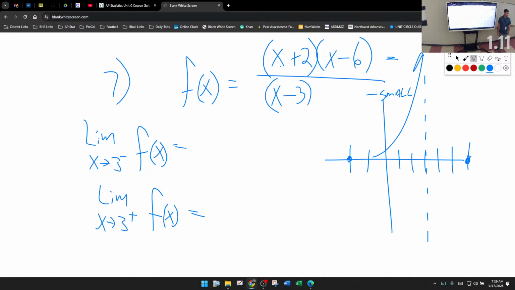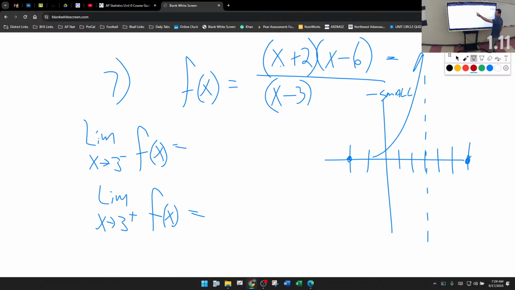Okay. And then on the other side of 3, now we'll plug in 3.01. But really we're plugging in 3.00001. Right? Just on the other side of 3. So here we go with that. Well, when I plug in 3.001, that's still going to be positive. And 3.001, that's still going to be negative.